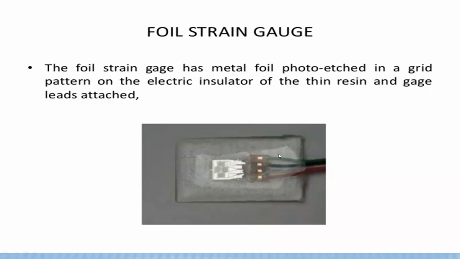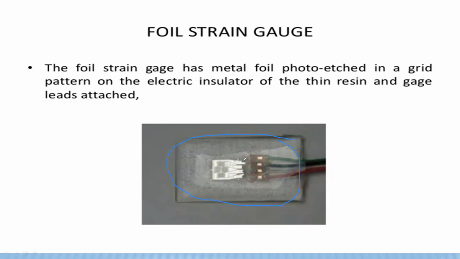It is very sensitive. The foil strain gauge has a metal foil, and you can see it is metal. The metal foil is photo etched in a grid pattern.